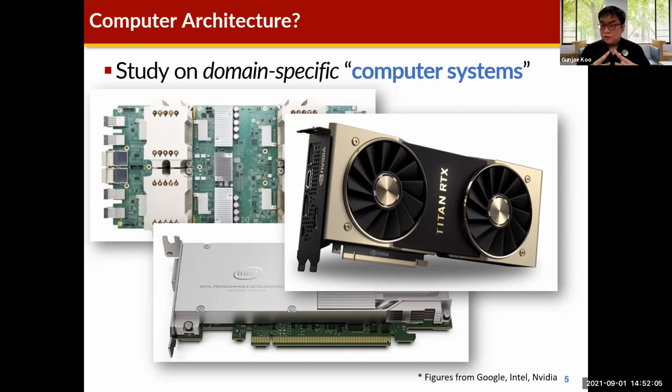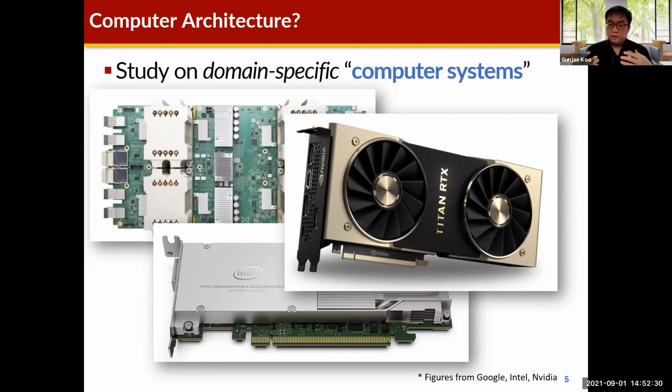These domains are different from our normal applications. For example, we can use web browsers or office software. These are examples of different domains of software.